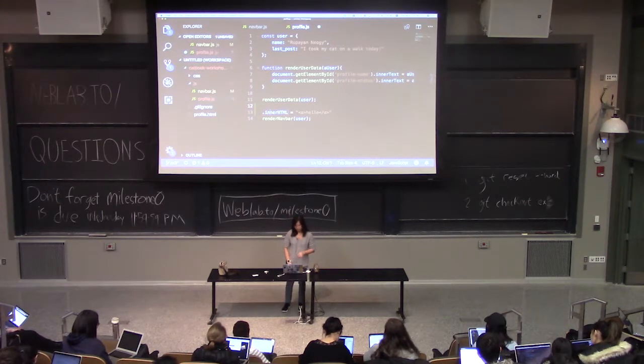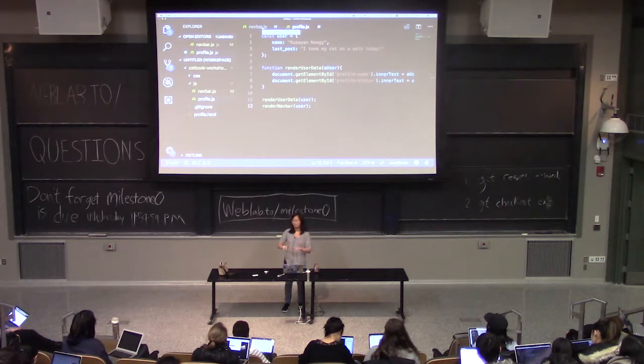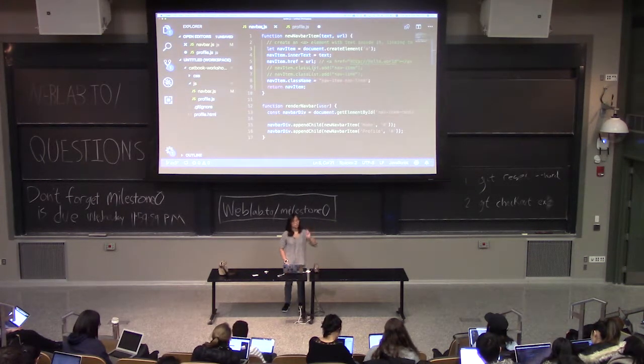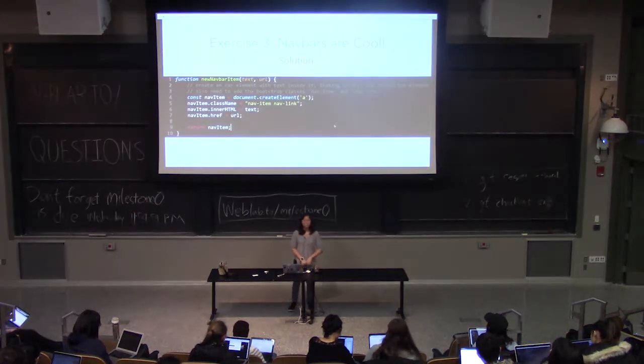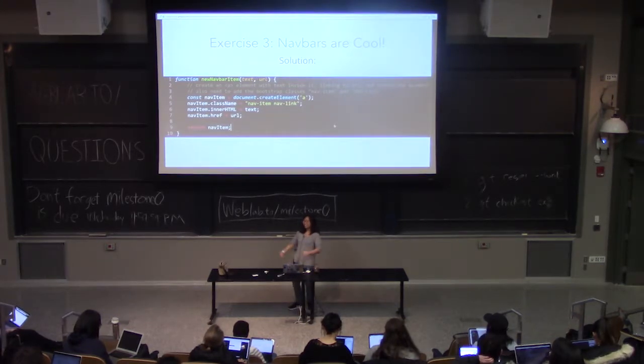The reason we use innerText in the solution I wrote is because we went through innerText in exercises 1 and 2, but also because that makes sure we don't render anything that's not text. And it's just stricter. Great question. Any other questions? Nice. Okay.